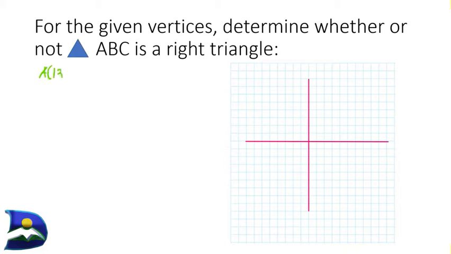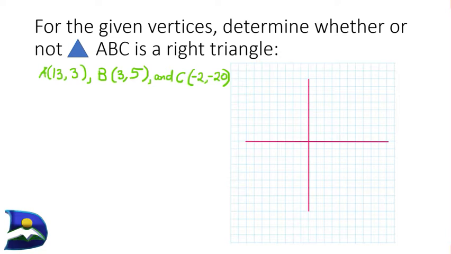In this case we have point A, point B, and point C, and once you connect them, you form triangle ABC. We want to know whether this triangle is a right triangle. What is a right triangle? What makes a triangle a right-angled triangle?